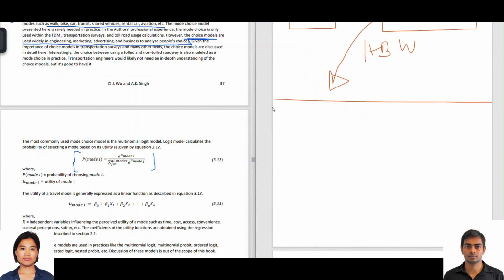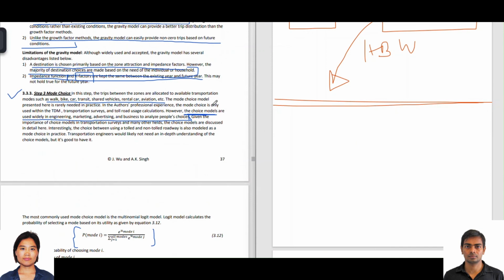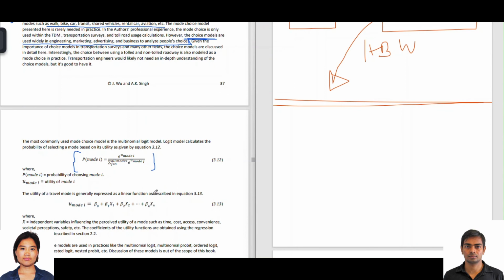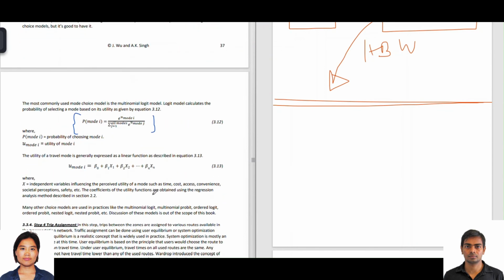When research papers are written based on survey data, most of them use a certain kind of choice model. We will not go into that much depth. Those are out of scope of this book. We are only focusing on mode choice, but just wanted to mention that this is heavily used in other practices, and especially in survey-based research papers.